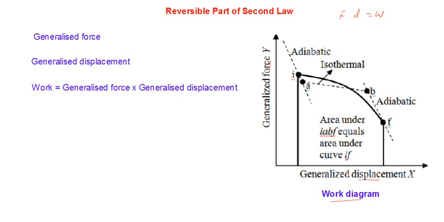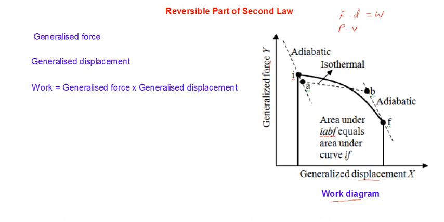For example, in place of generalized force and generalized displacement, we have been using pressure and volume, right? Pressure was in place of generalized force and volume was in the place of generalized displacement.